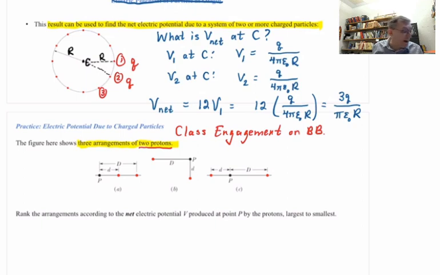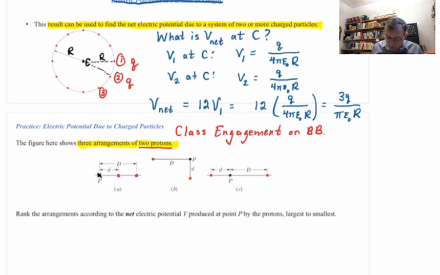Protons, remember, have positive charge by an amount little e. And in each picture, the protons are represented by the red dots. So in picture A, there they are. And then there's a point P. I like to mark it more with like a little X. No charge at point P, it's just a point on an axis like that.